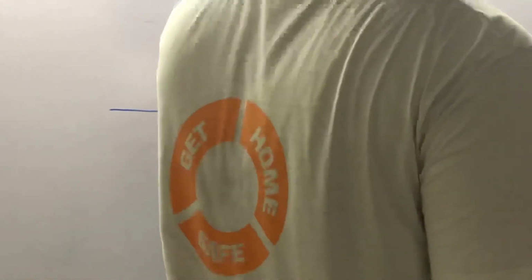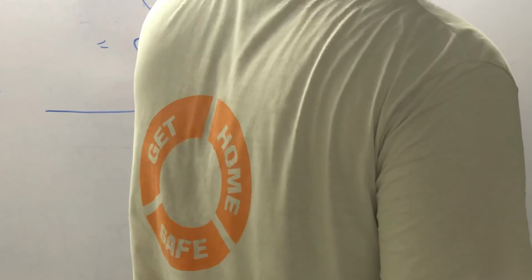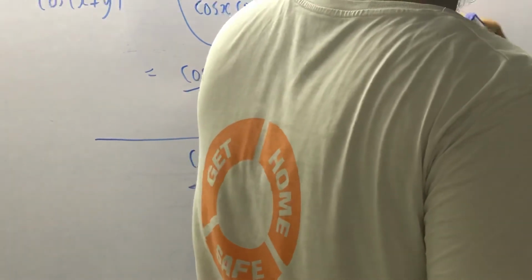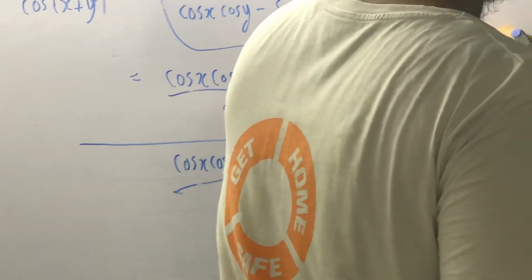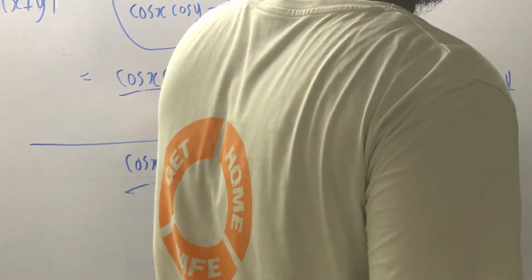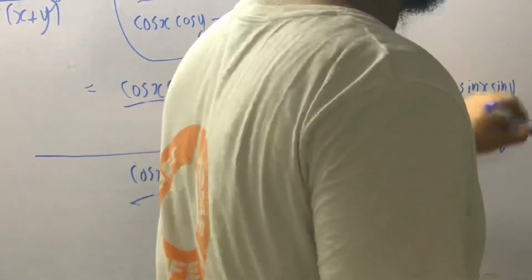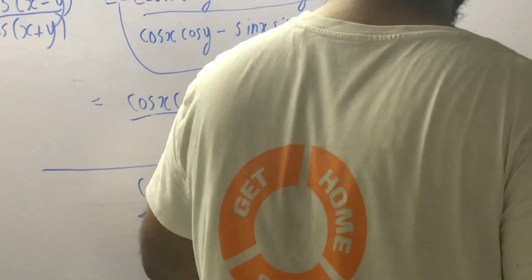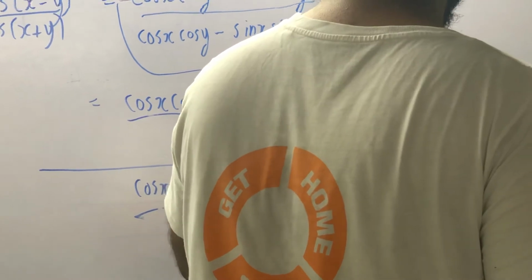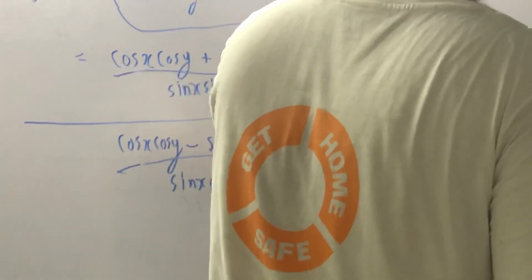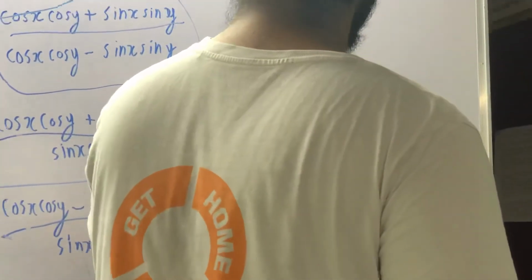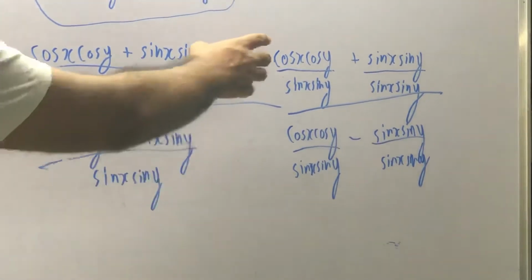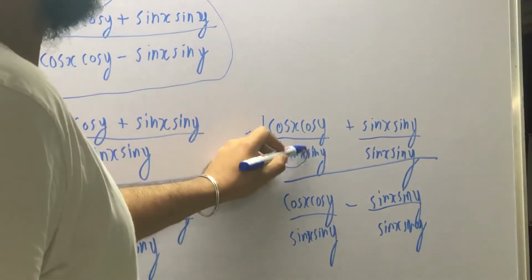So look carefully here. Cos x upon sin x, that is cot x.